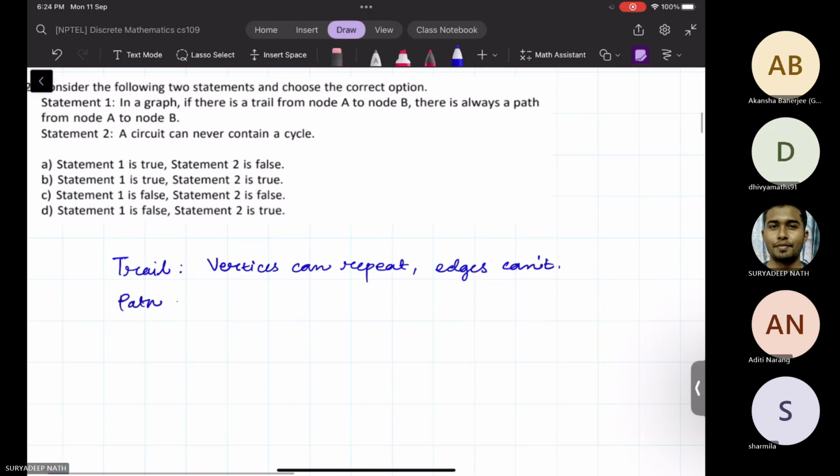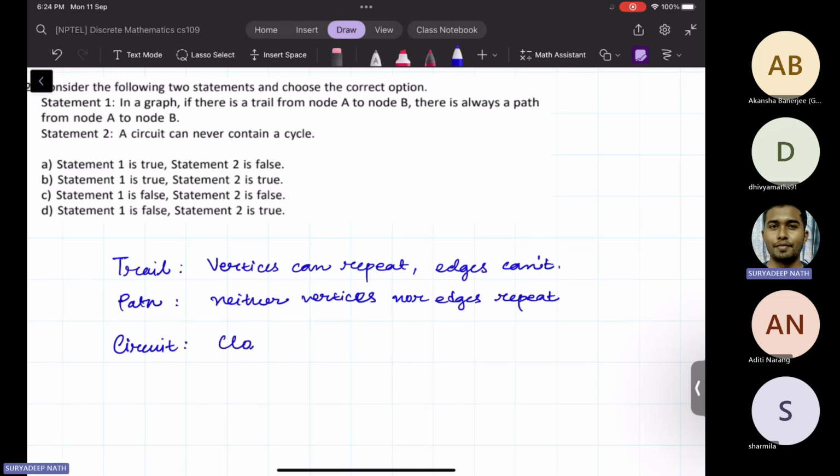In a path, neither vertices nor edges repeat. A circuit is a closed trail, and a cycle is a closed path.